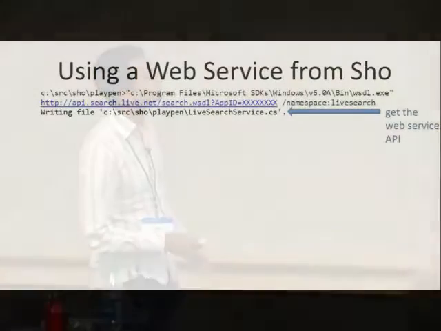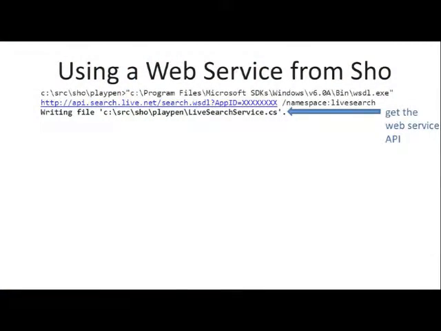Here's another example of the kind of thing that is nice to be able to do. Using web services is also quite easy. There are some mechanics here, but there's a tool in the .NET stack called WSDL, which lets you point at a web service, and then, given that web service, it will create a C# wrapper, or actually a wrapper in other languages as well if you want.